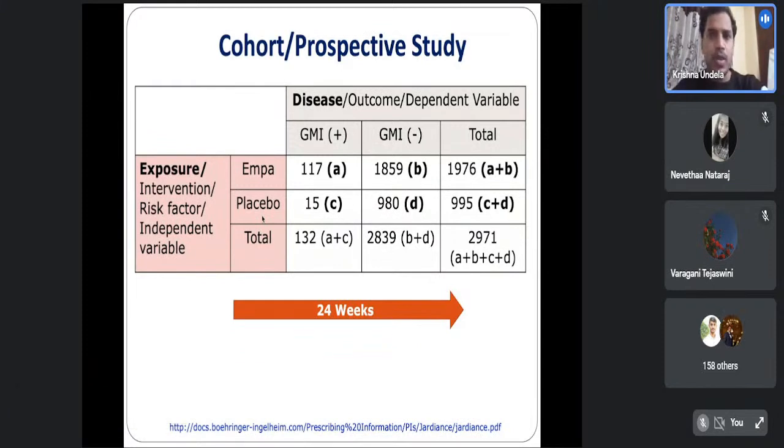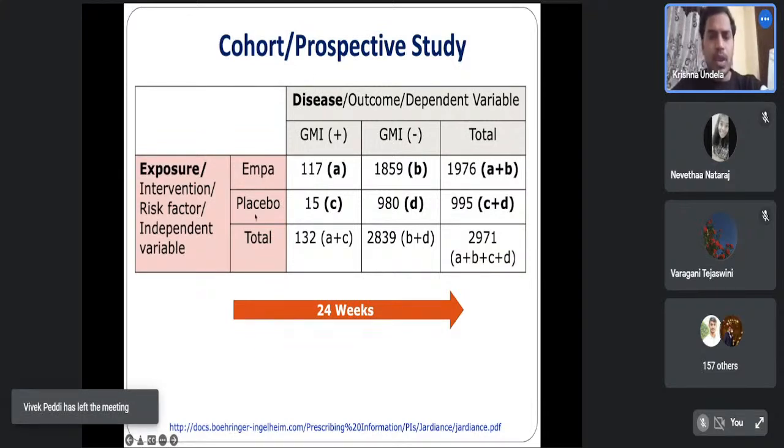What they do is prevent the reabsorption of glucose, and they eliminate the glucose through the urine. When they eliminate the excess glucose through the urine, they can reduce the blood sugar levels. That's what happens with SGLT2 inhibitors. So what we're doing here is comparing empagliflozin with, don't take it as a placebo, just note it down as another anti-diabetic medication, because usually in cohort or observational studies, placebo may not be the comparator.